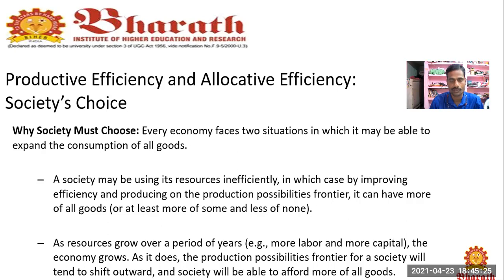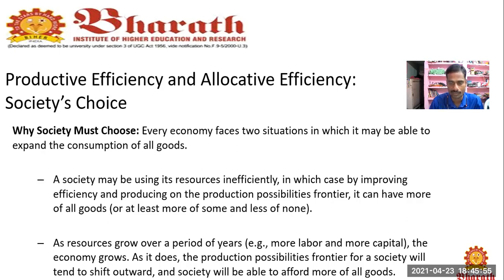As resources grow over a period of years, more labor and more capital. That is, in any production function or production process, we invest more in labor as well as in capital, and the economy grows. If we increase capital and labor, that is, increase investment, it leads to an increase in income as well as the economy.